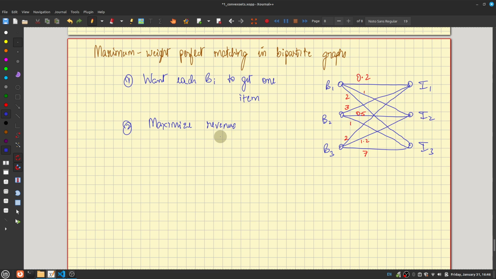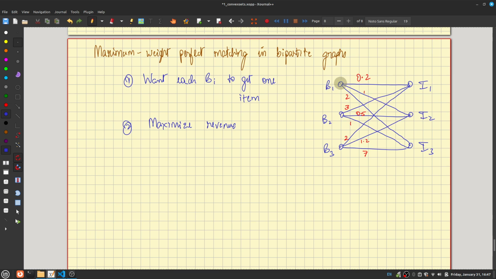Now this is one example, but a lot of problems can be posed as a similar problem. For example, take communications. These buyers could be different users, and these items could be specific channels or frequencies that they can connect to.